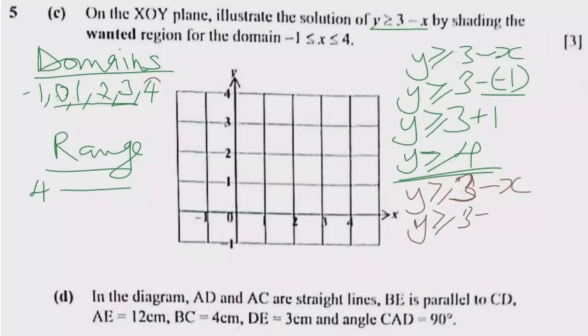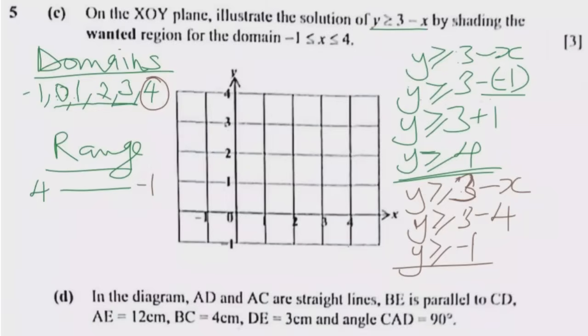Now I'm going to use the domain 4, so y is greater or equal to 3 minus 4. The bigger number between 3 and 4 is 4, and it has a negative sign, so I maintain the negative. The difference between 3 and 4 is 1, so the answer is -1. So when the domain is 4, the range will be -1.